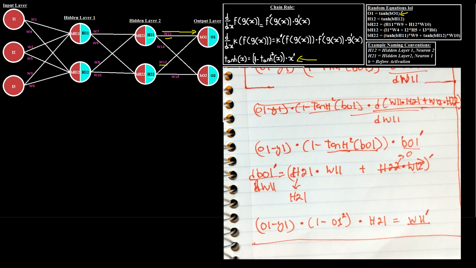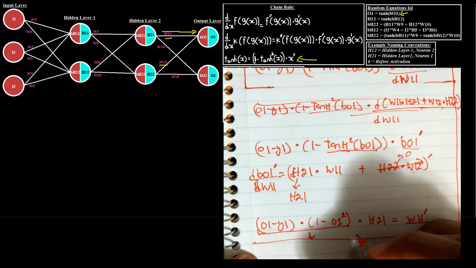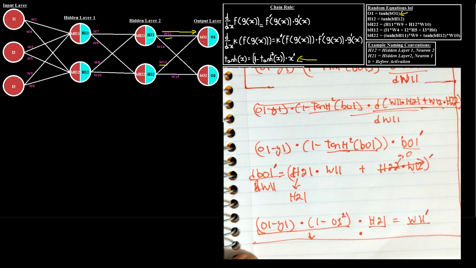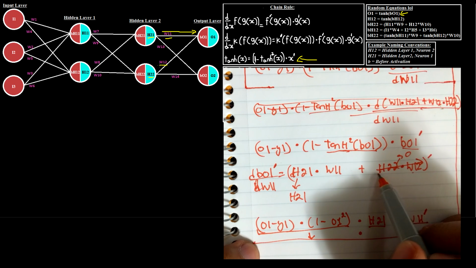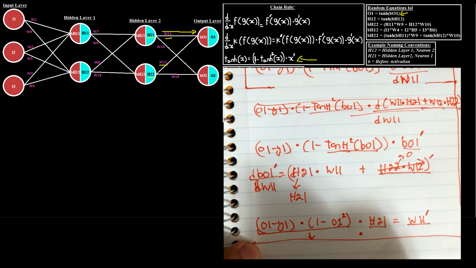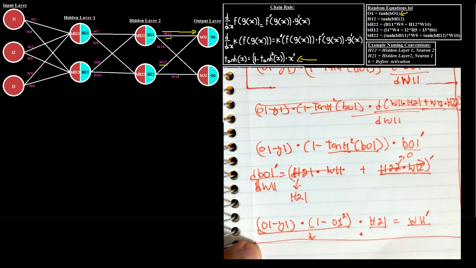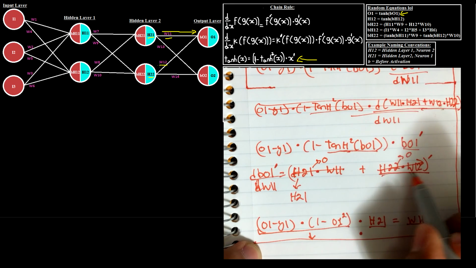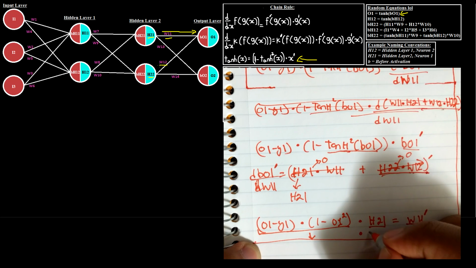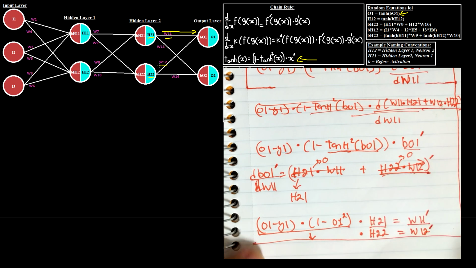So if we wanted to calculate the prime value for weight 12, essentially this whole thing would stay the same, but instead of multiplying by H21, right, because this part of the equation went to 0, if we were trying to calculate the derivative for weight 12, it would be this part of the equation that goes to 0. This part of the equation would not go to 0, and thus we would just be left with H22 is equal to W12 prime.